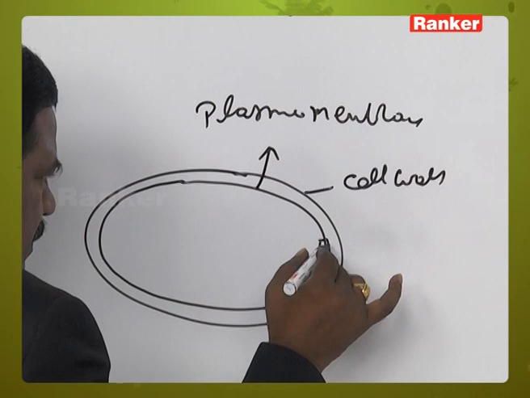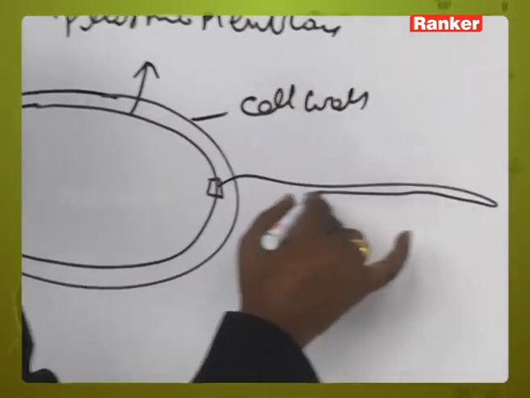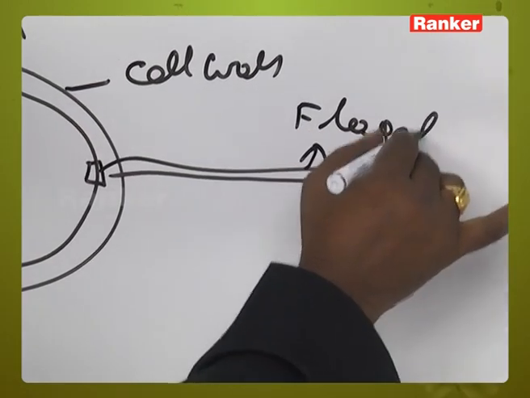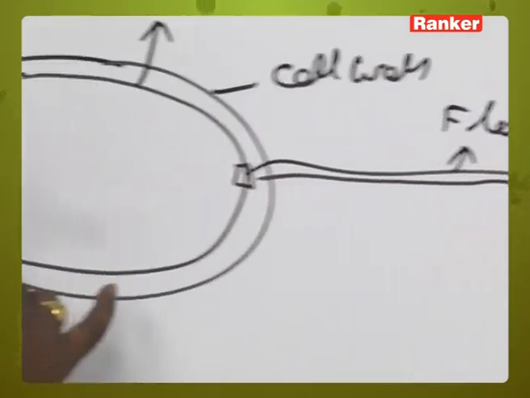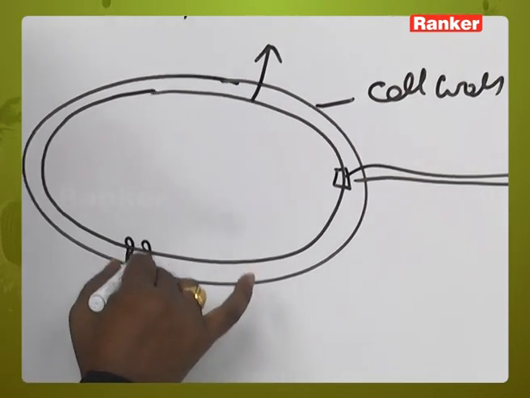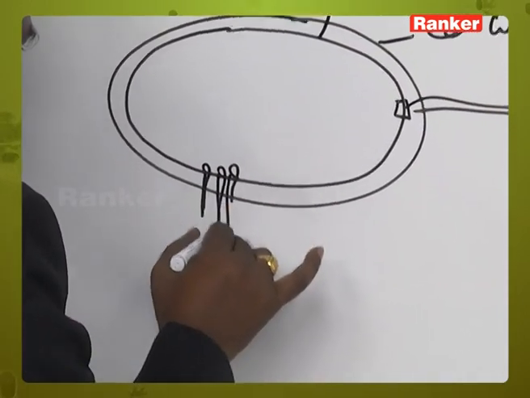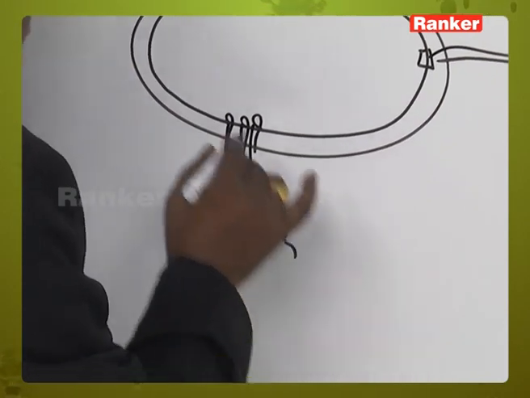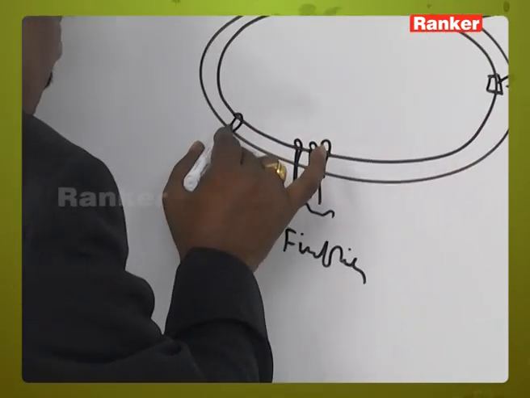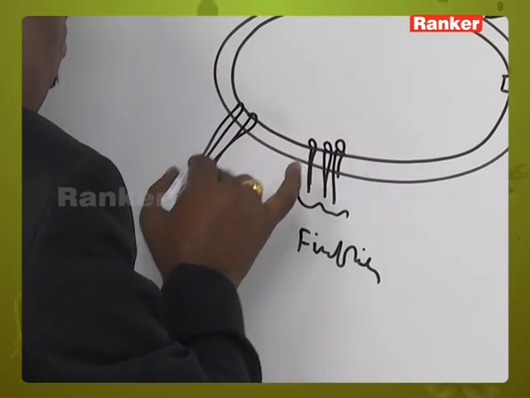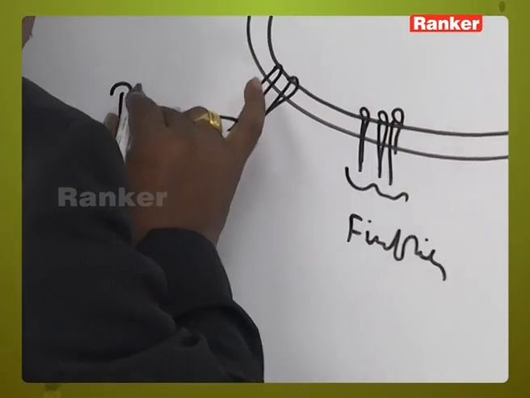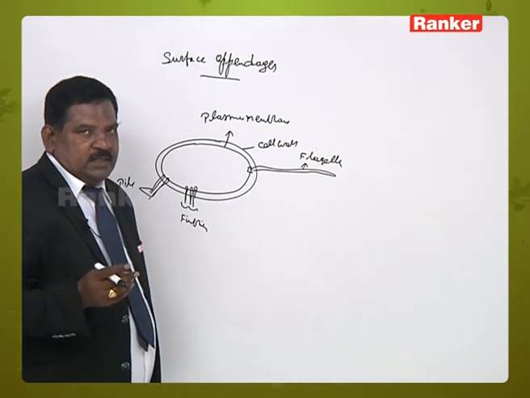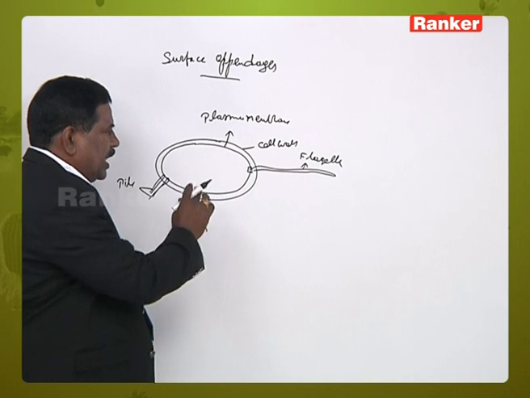Either flagella or fimbriae or pili, all three surface appendages arise from the plasma membrane.